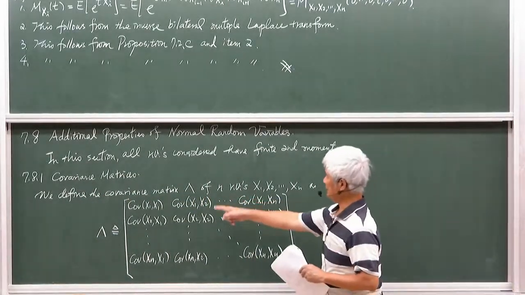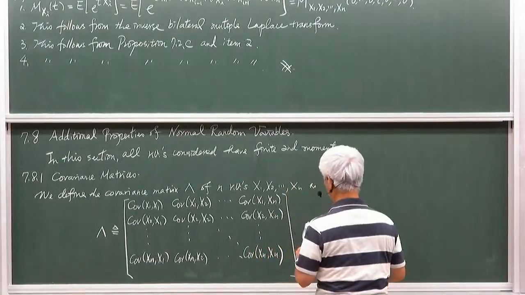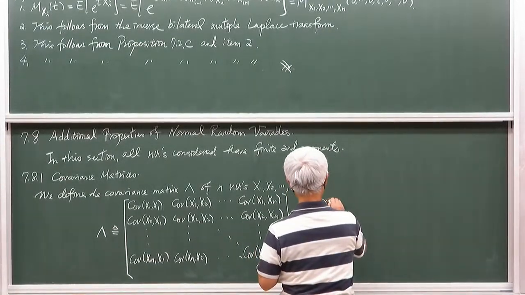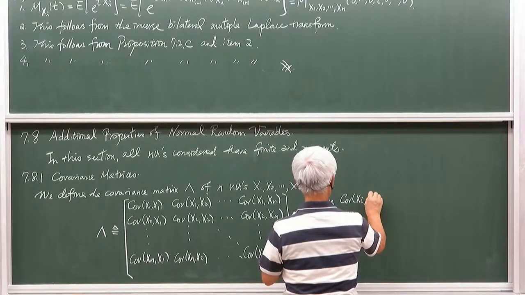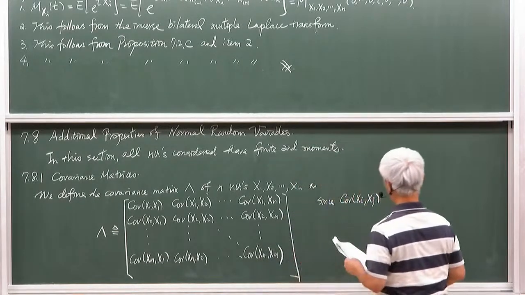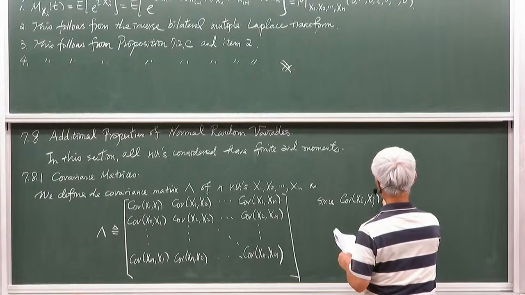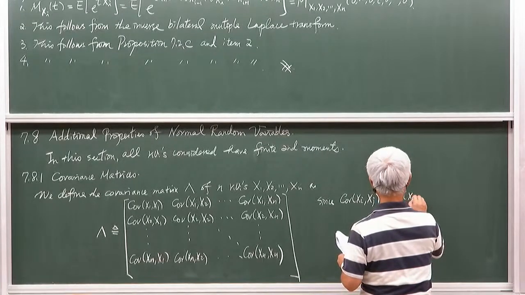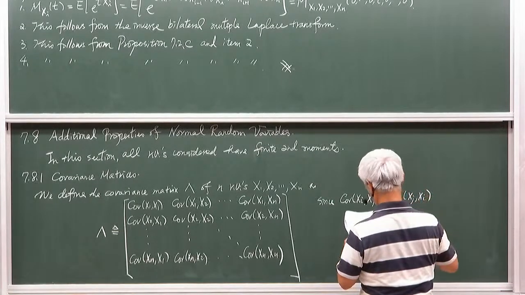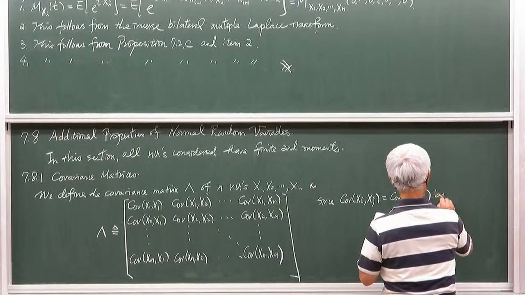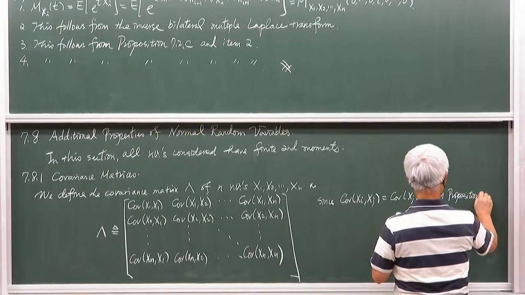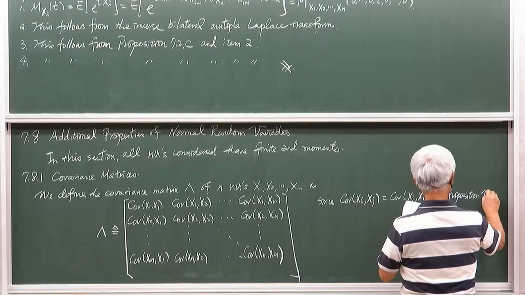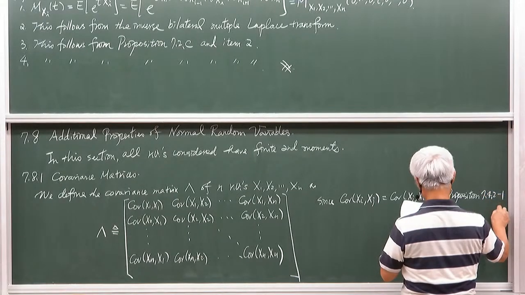And when we look at this matrix, you can see that the covariance between xi and xj is equal to the covariance between xj and xi. This is from proposition 7.4.2-1.